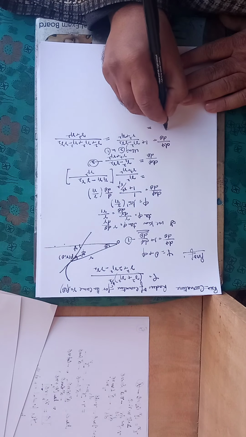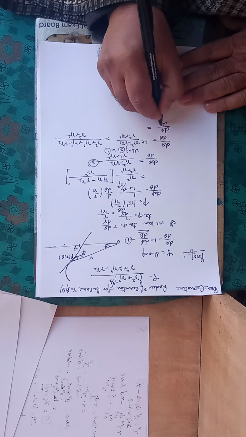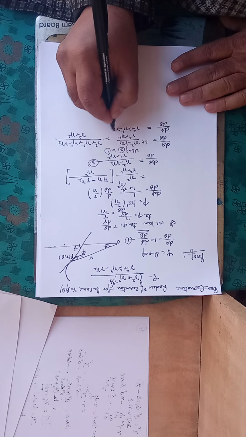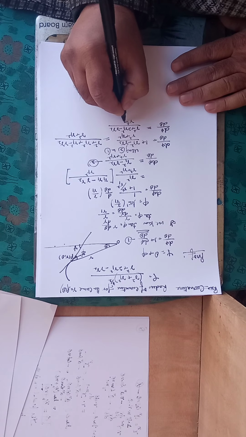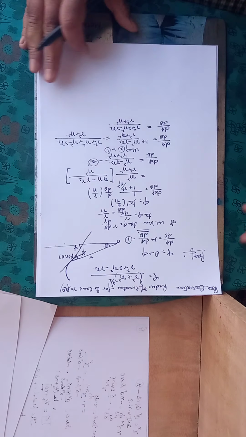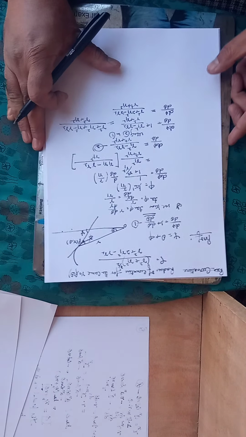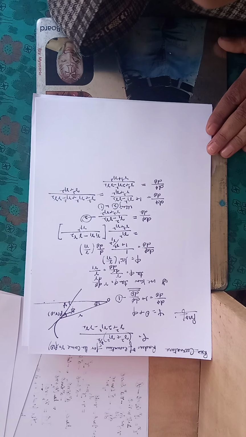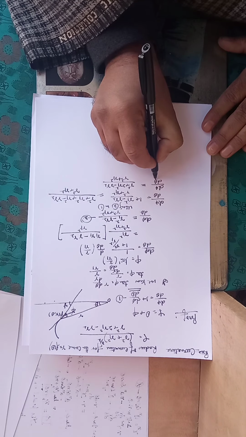So I have d psi by d theta as r square plus twice r1 square minus rr2 divided by r square plus r1 square. This is d psi by d theta.